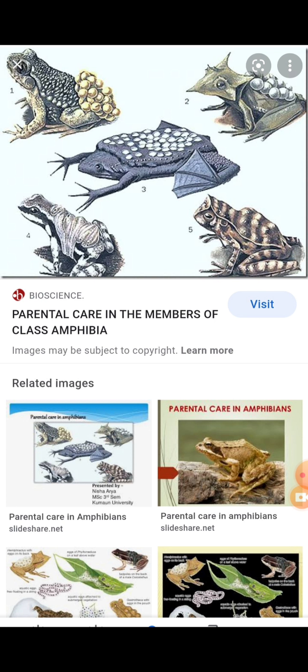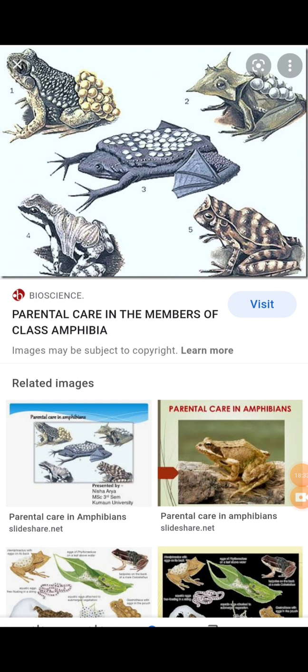Thus the female Pipa carries the eggs on her back till they are hatched into mature adults. So that's why amphibians take so much care about their parental care.